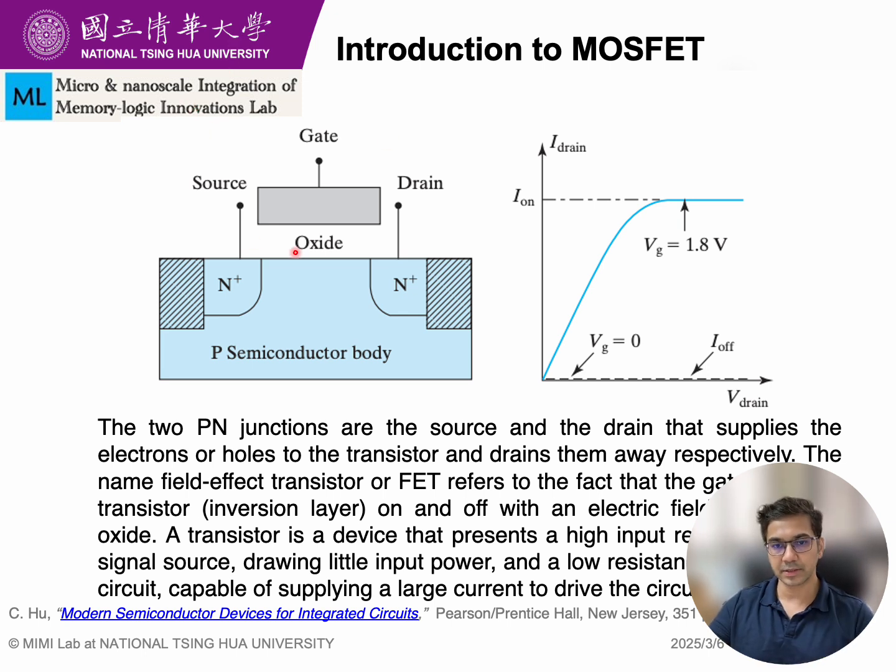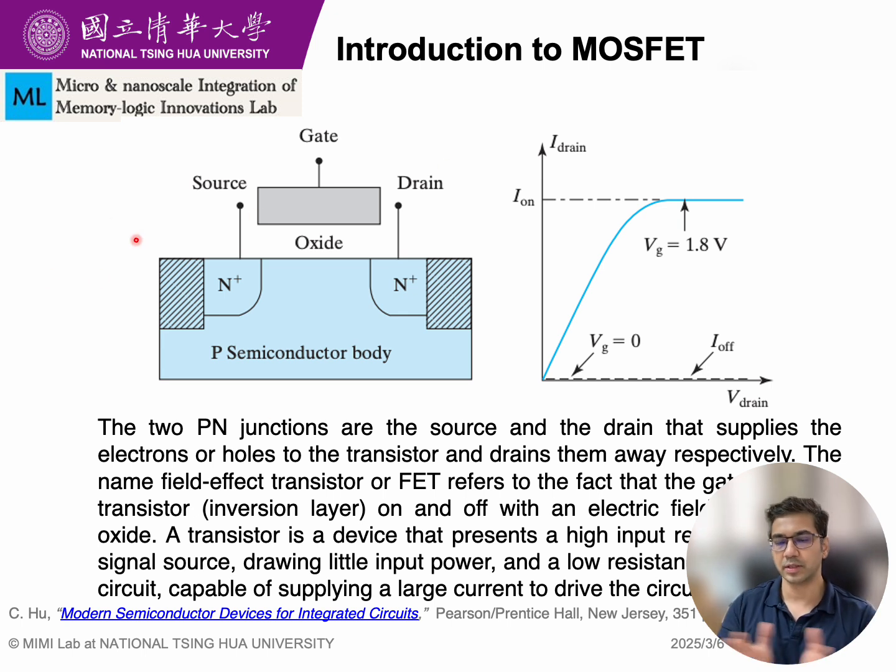As you can see in this diagram, we have a structure with source, gate and drain. You can imagine that the source and drain are the entry and exit points of the electrons or any charge particles, depending on the polarity or the type of carrier of this device.